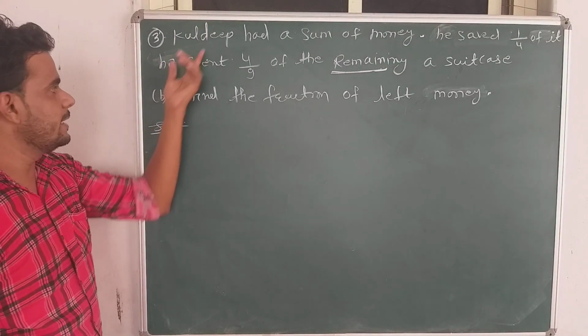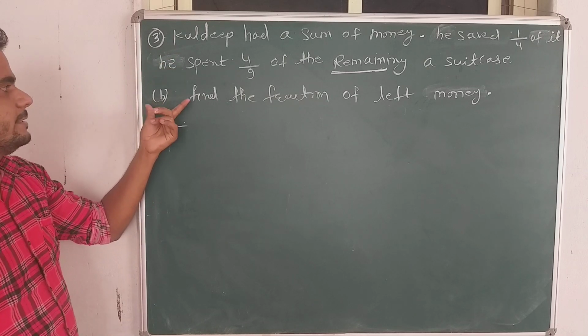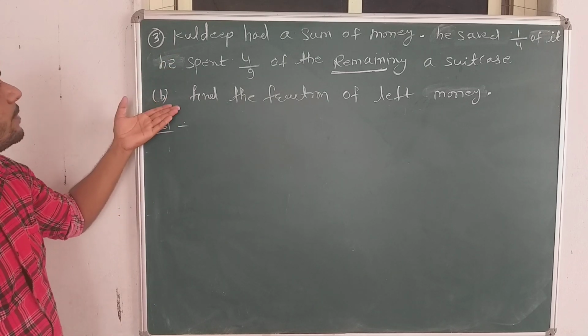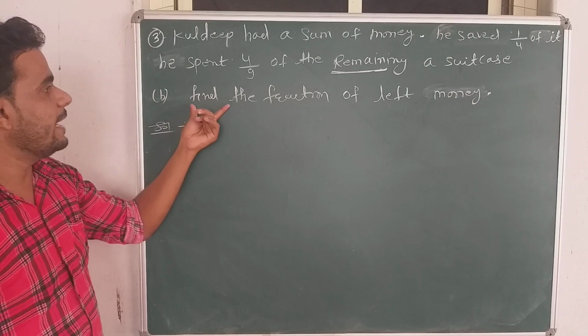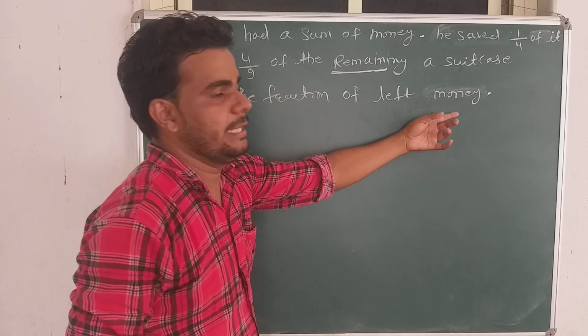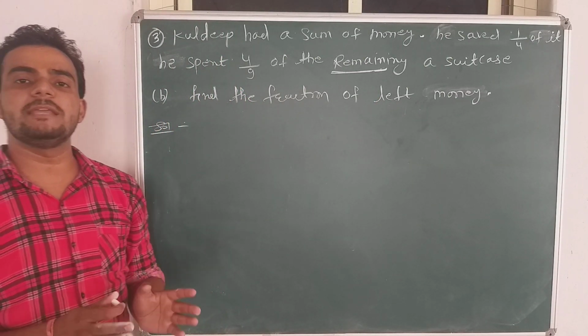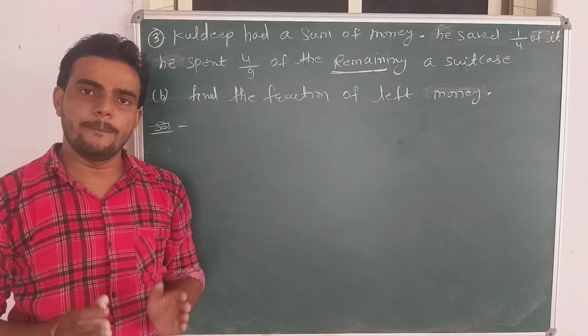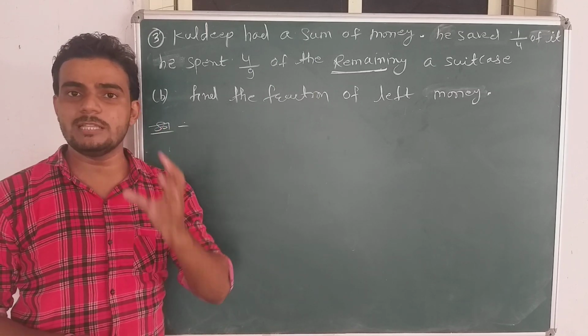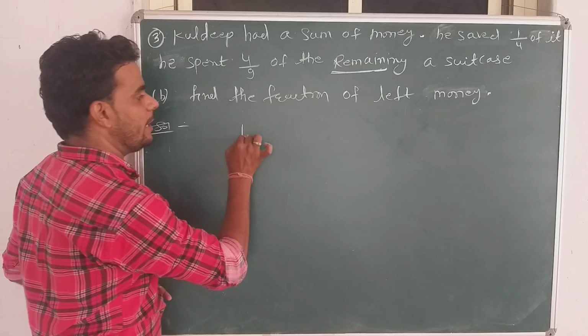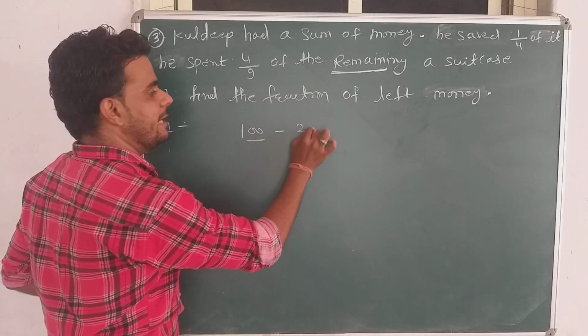Now this is part B of the third question. The question is saying in part B, find the fraction of the left money. Okay, so in part B we have to find the fraction of the left money. So first we will find what is the left money. So okay, we know that total money is 100. He saved 25.